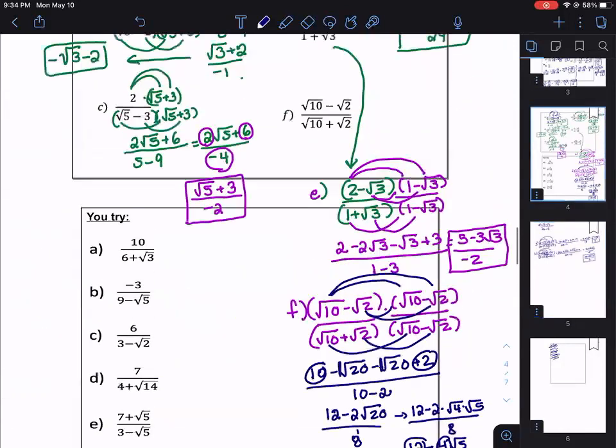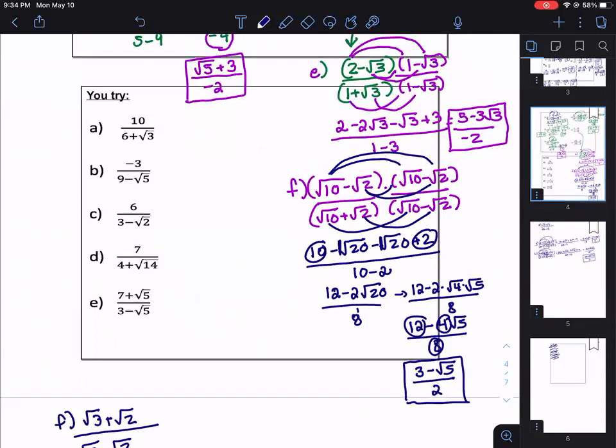Again, I can post that for you guys after, so if you didn't get it now, don't worry about it. All right, I'm going to check on A and B. By now, you guys should be done with A and B.